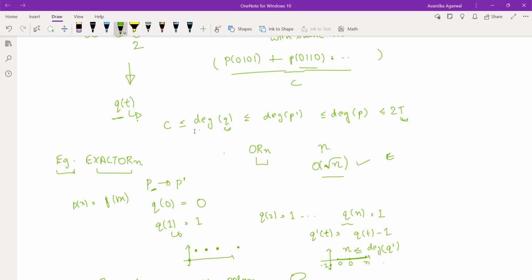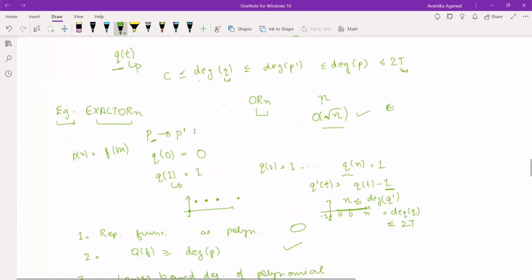And the degree of Q prime is equal to the degree of Q, because we just subtracted a 1 from Q to get Q prime. And this degree of Q is upper bounded by 2 times T. So we have effectively shown that the query complexity of exact OR is greater than or equal to n by 2.